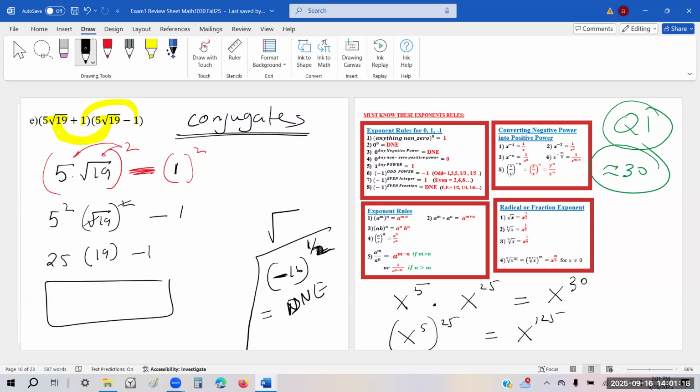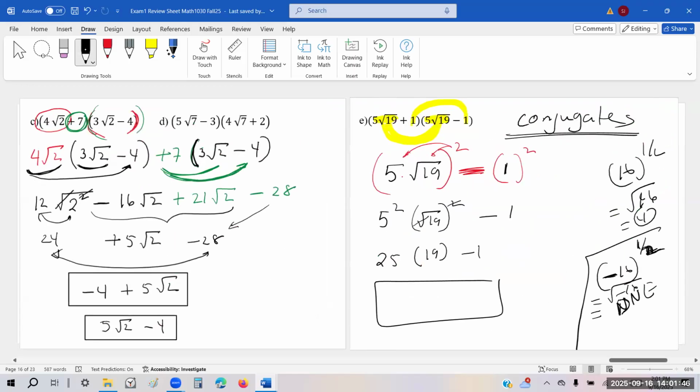But if I tell you positive 16 to the 1/2 power, now what does that mean? This is simply square root of 16, which is 4. And the other doesn't exist because it is square root of negative 16. We cannot do that. The base has to be positive if your denominator is even.